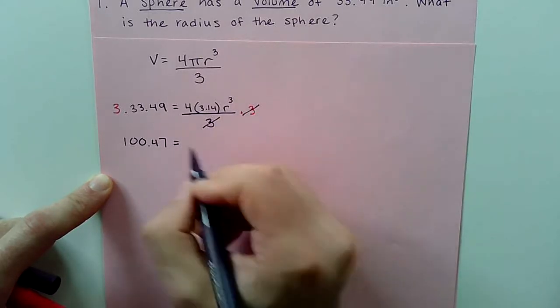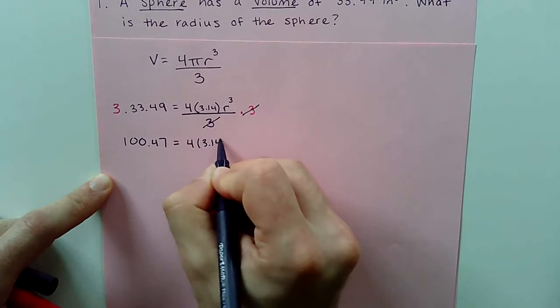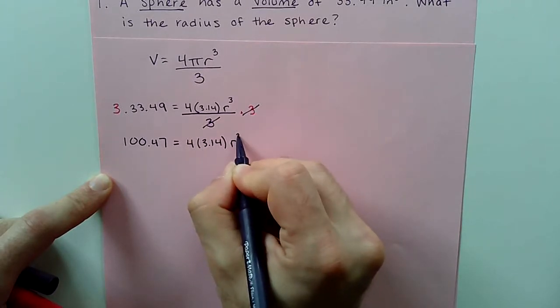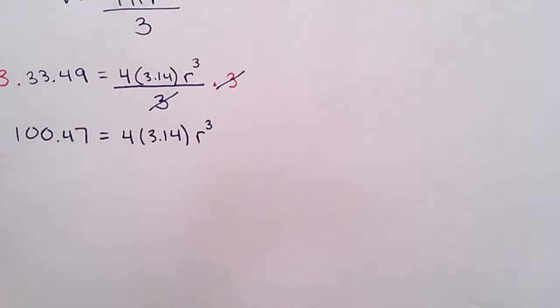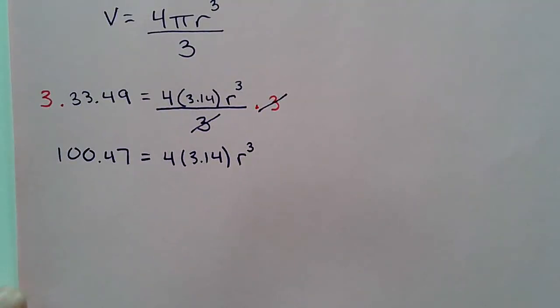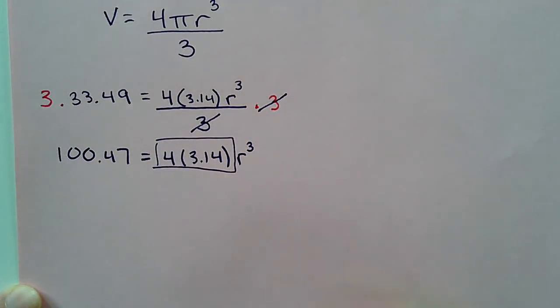This went away, so now I'm left with 4 times 3.14 times r cubed. I'm going to zoom this in a little bit. There we go. This is just a number. Let's find out what that number is. 4 times 3.14 is 12.56.